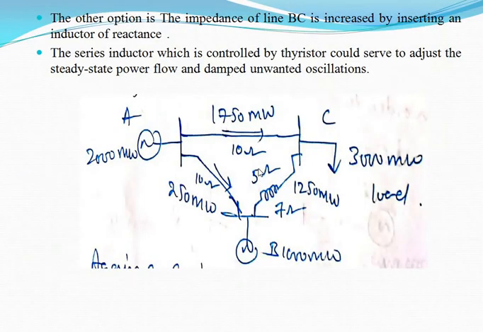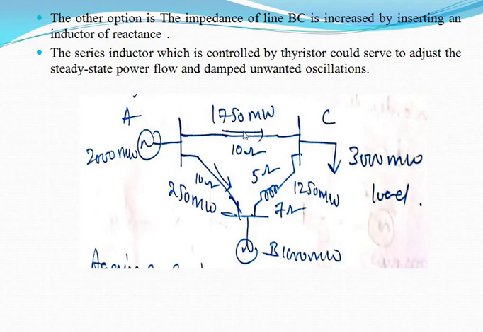And the other option is that the impedance of the line BC can be increased by inserting an inductor of reactance. A 7 ohms reactor is added to this transmission line. So the total net reactance here is 12 ohms. 12 ohms means the impedance of this line is high compared to the impedance of this line.